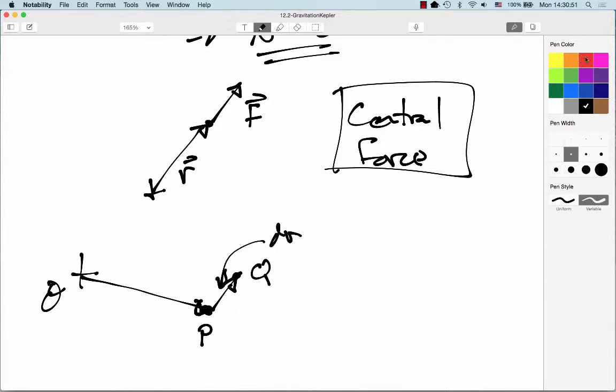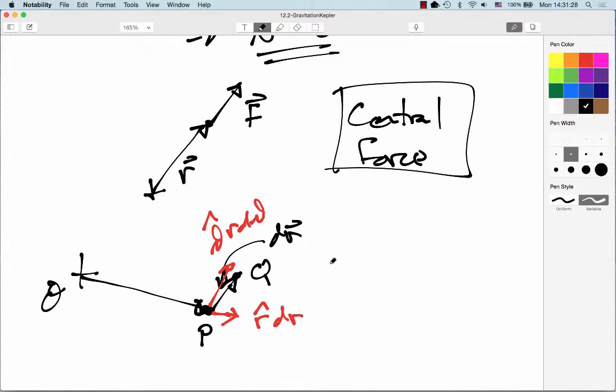So if I break down my dr, and I do this in polar coordinates, this is going to be an r hat times dr, and this will be theta hat times r d theta. So that's my vector dr there. This is the scalar value dr. And then this is theta hat times r d theta.